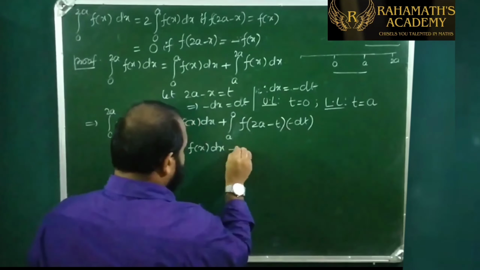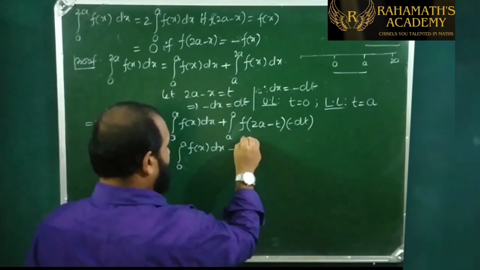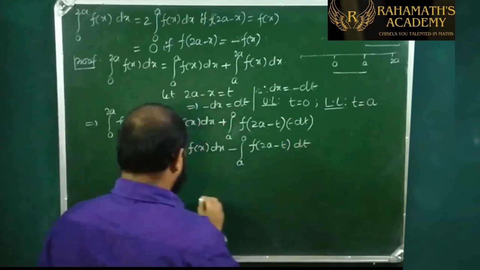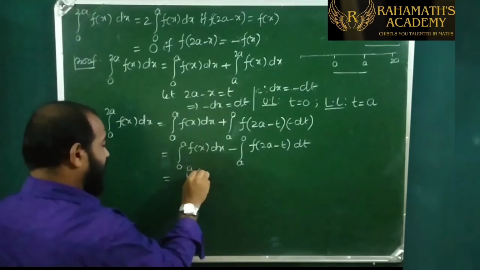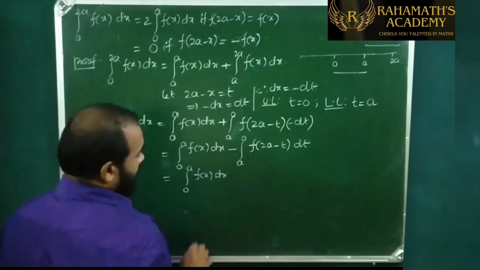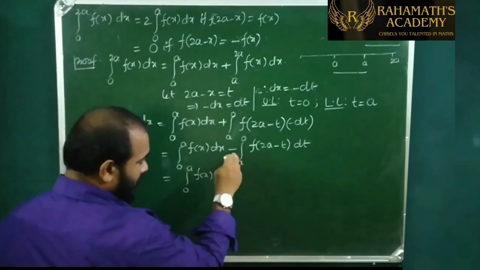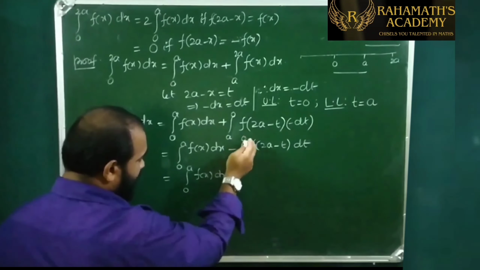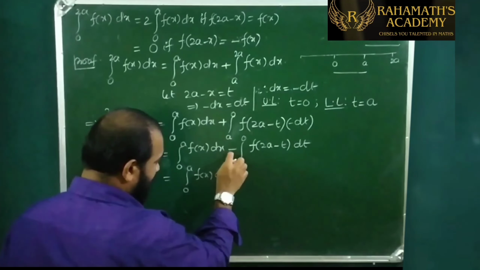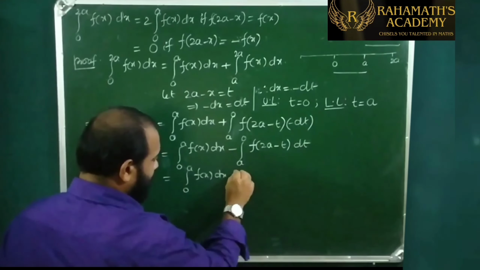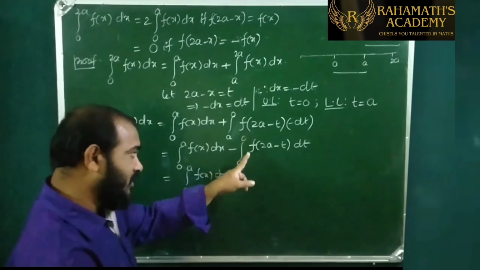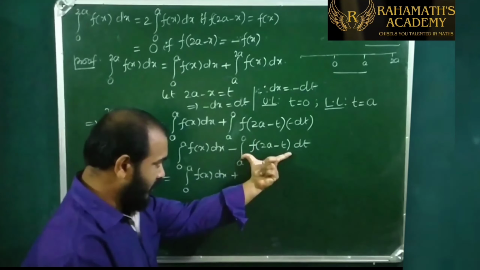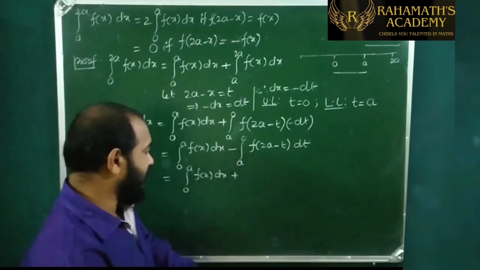So plus into minus, minus a to 0 f of 2a minus t dt. Now this is 0 to a f of x dx. So if you interchange these two values, upper limits and lower limits, then actually this minus will be plus, because whenever we interchange the limits, then the value is differed by an opposite sign.